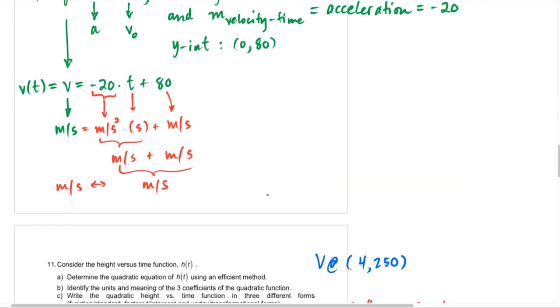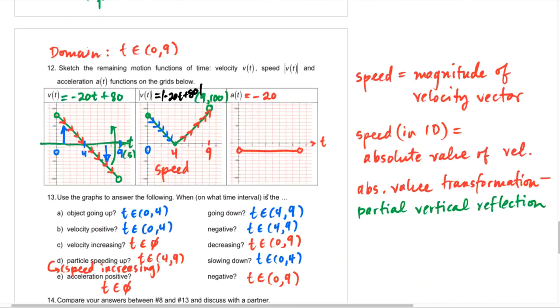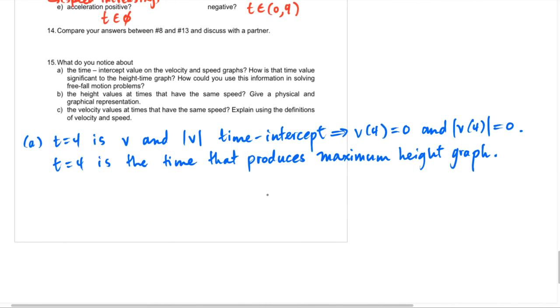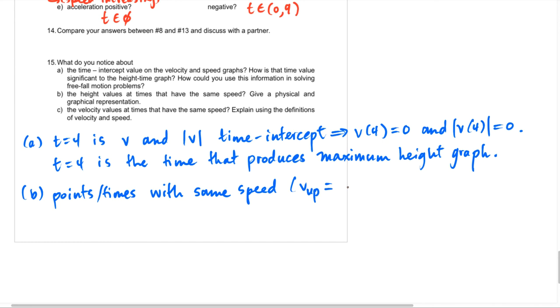So just to put that recognition into an answer for number 15b, what we notice about the height values at times that have the same speed is that points or times with the same speed, which means v up is equal to negative v down, implies same heights.